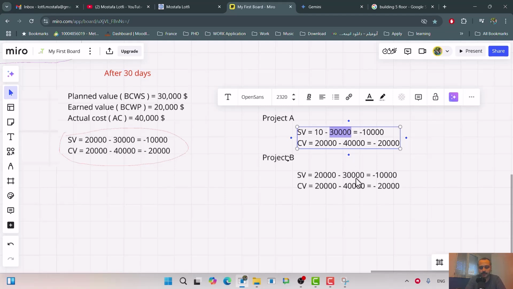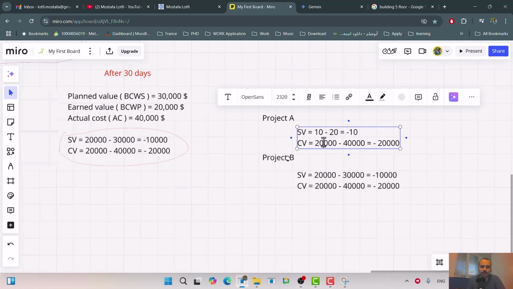Planned value is, let's say, 20. Then the SV, the result for SV, is minus 10, right?